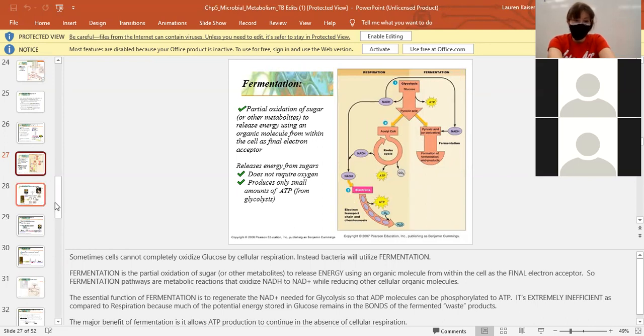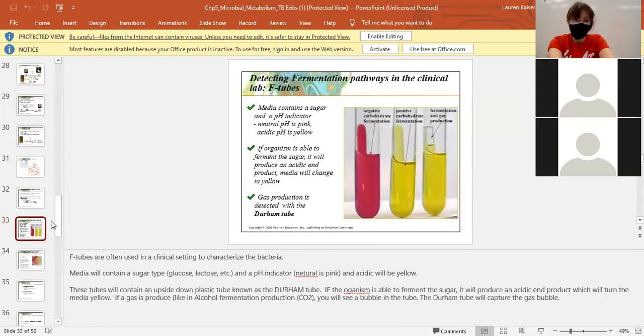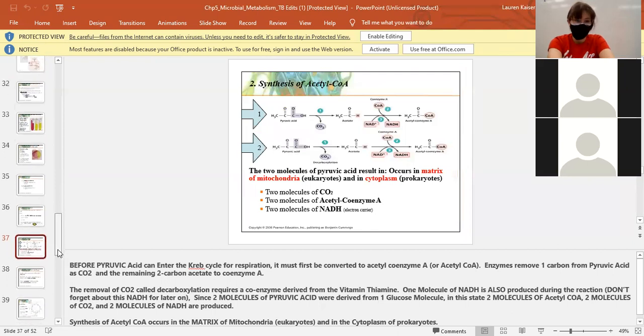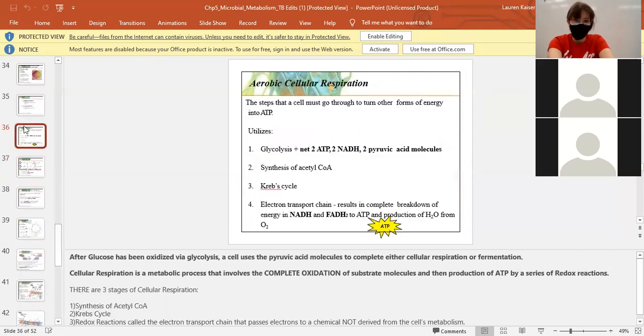You will have to know this a little bit more in depth. It's not so much face value as what its metabolism is. And remember that respiration is always aerobic. This is a very good summary of what you need to know. Then know the synthesis of acetyl coenzyme A and the Krebs cycle in a little more depth.